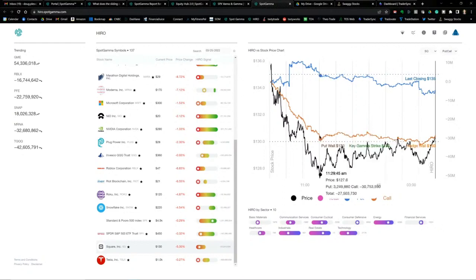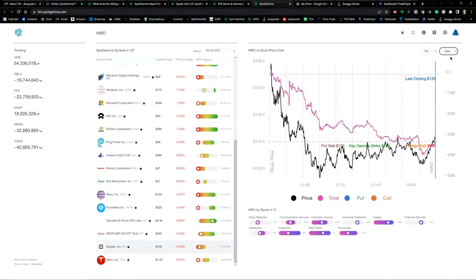The calls were definitely bearish, selling calls, and it looks like there was a net change of traders buying puts today by a small amount. So we can look at the total. Again, this leads me to believe that calls were driving the action today.